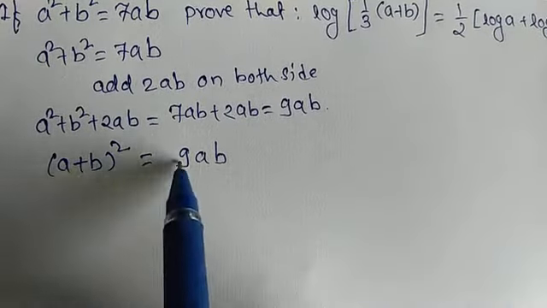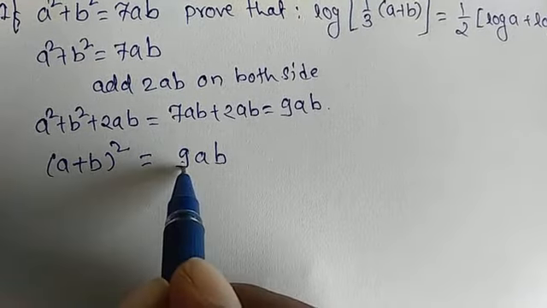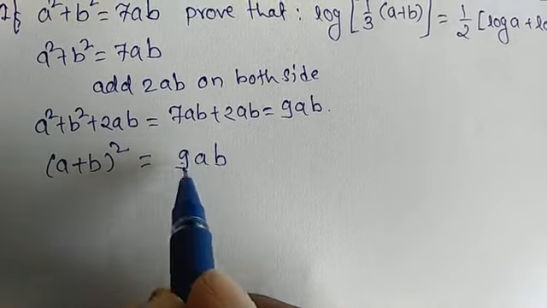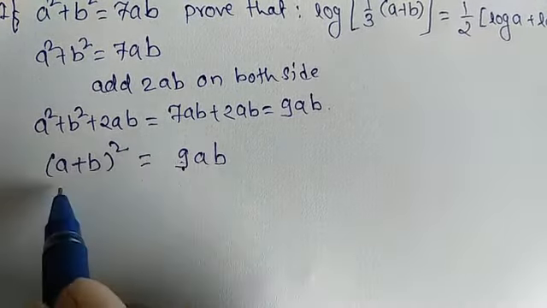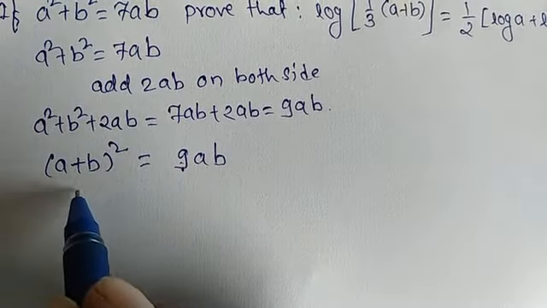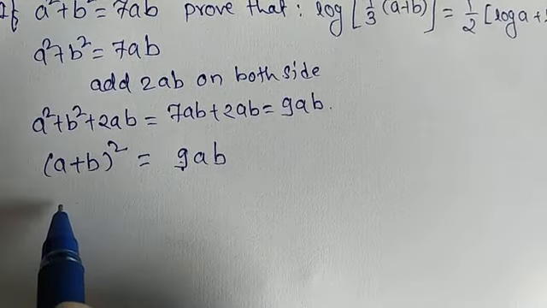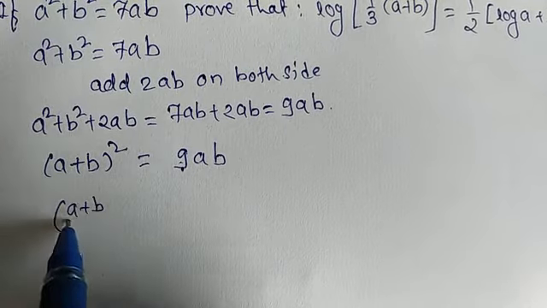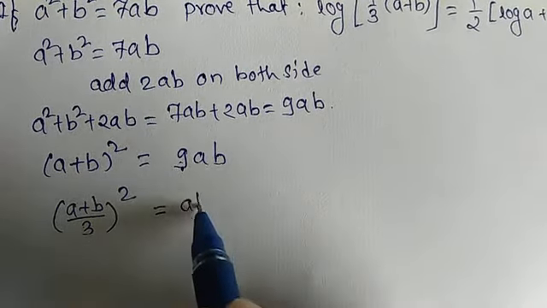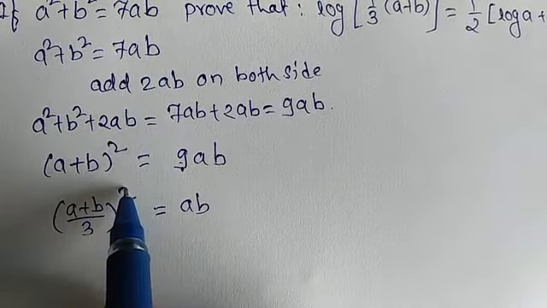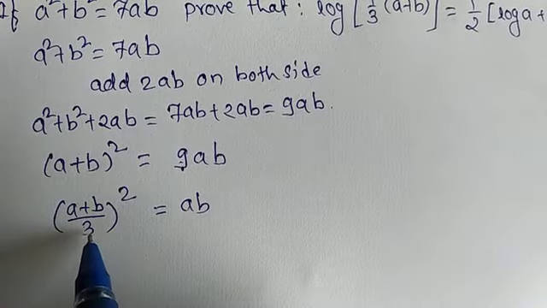Now here we can write it as, here it is 9, so it is 3 square and it is multiplied on the right side. If we shift it to the left side, it can be written in division form, so it can be written as (a plus b upon 3) bracket square is equal to ab. Which means that (a plus b) bracket square upon 3 square is 9.